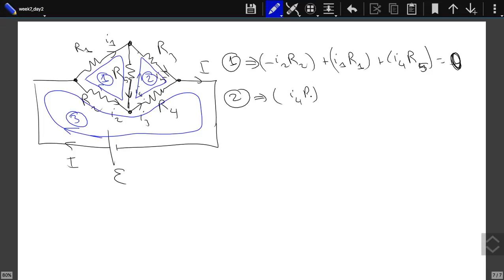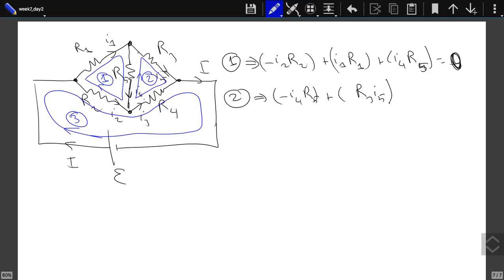It is I4 times R5, the potential difference across the resistor, but if I4 is positive, I am going against the current, so it should be negative. Plus, as I go from here to here, what is the potential drop? The current is I5, the resistance is R3, the potential drop is just the product of the two. And since I'm going in the same direction as the current, if I5 is positive, that's positive.